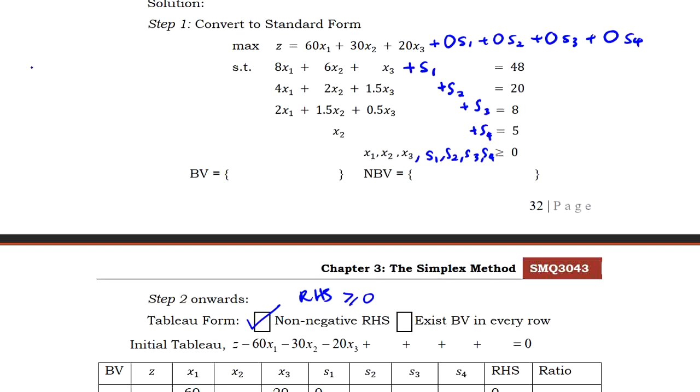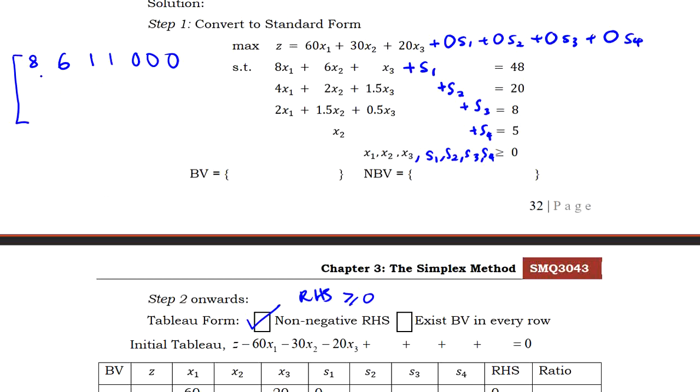Another thing is that there must be a BV for each row, for each equation. So how do we know this? We need to put the constraints into a matrix A. So 8, 6, 1, 1, 0, 0, 0.